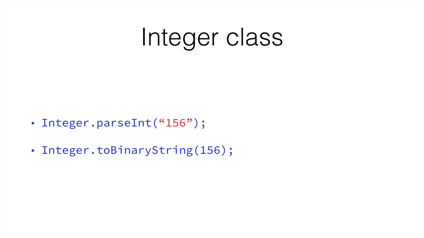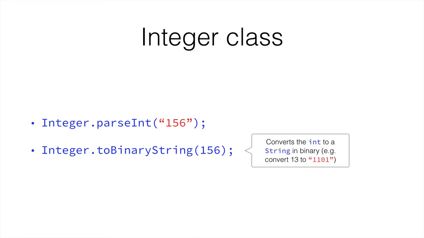Integer with a big I, dot, parseInt, and then we give it a string. This converts the string to an integer. This is a fairly useful, actually it's a really useful function, so that we can convert, for example, something the user gives us as a string into an integer.